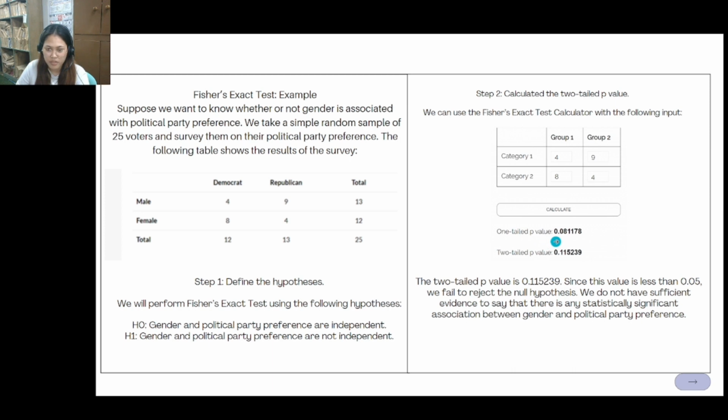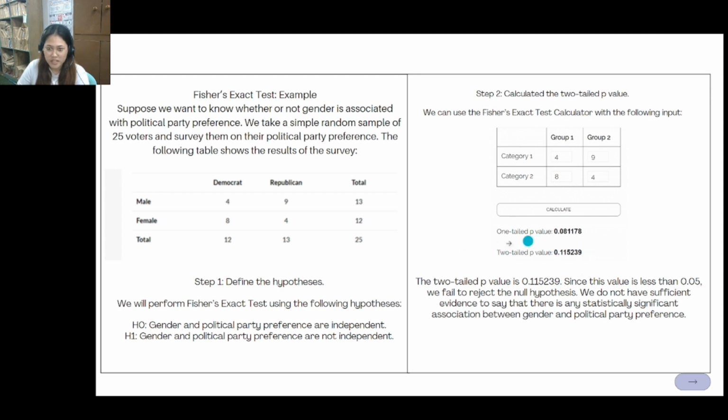One-tailed p-value is equal to 0.081178. And two-tailed p-value is equal to 0.115239. So the two-tailed p-value is 0.115239, which is this.